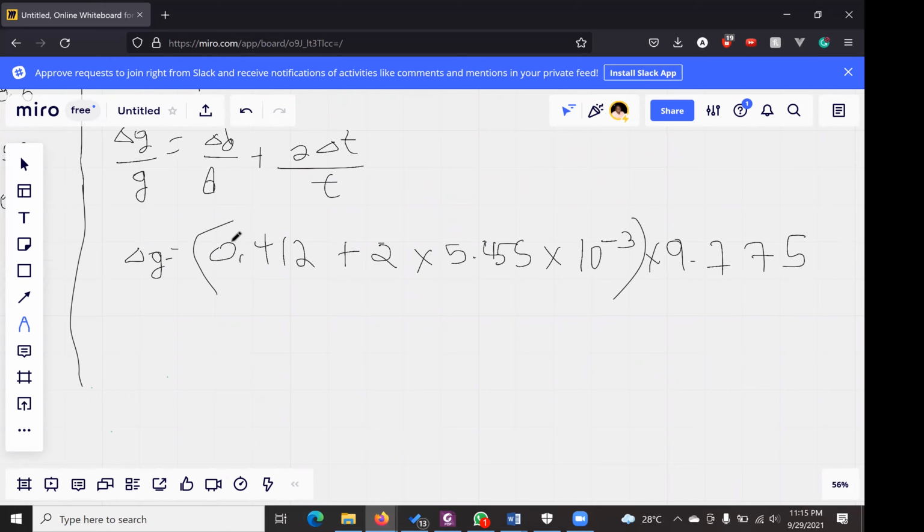Everybody following that? No, it's late, but no, I'm not following that. All right. Tell me which one you're losing. So I'm going to get 0.412 and the value for T.